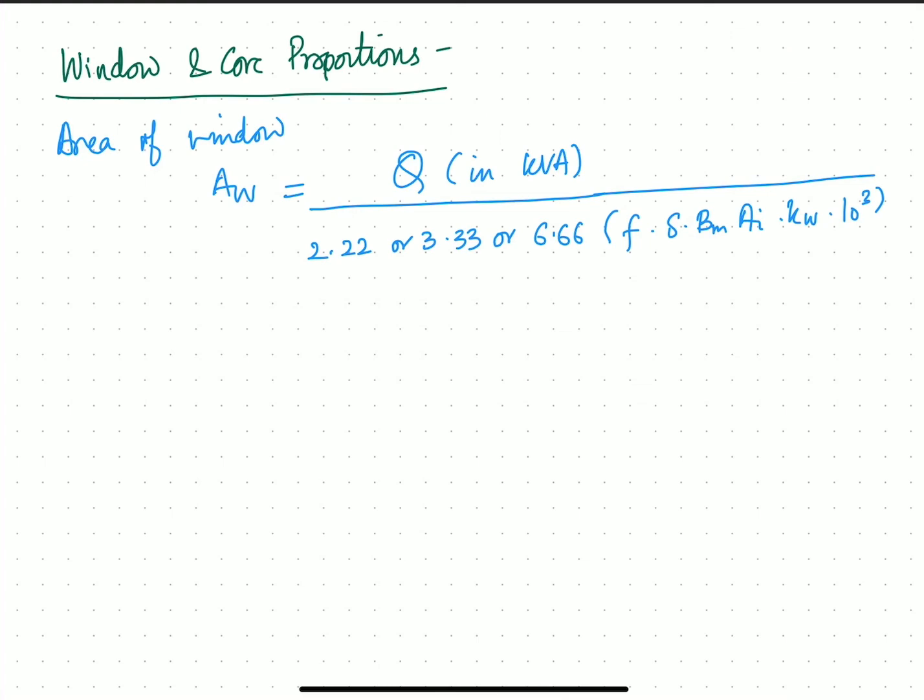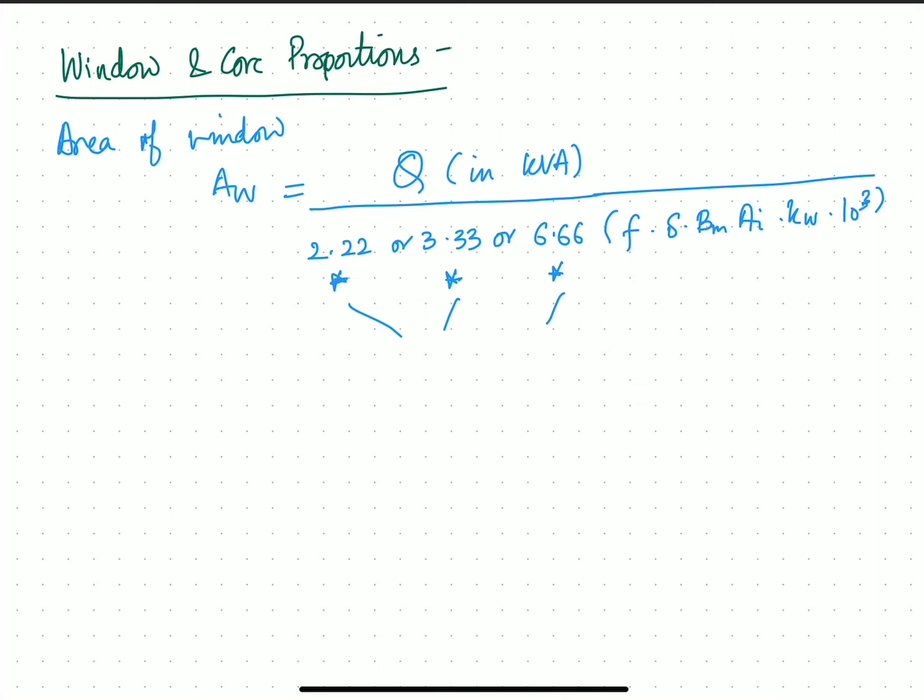So if you know the power, if you know which type of transformer it is, whether it's a single phase transformer or a three-phase transformer, and whether it's shell or core, you can choose from these three parameters. Then you have the frequency, the current density delta, Bm flux density, Ai iron area, and Kw window space factor times 10 to the power 3.